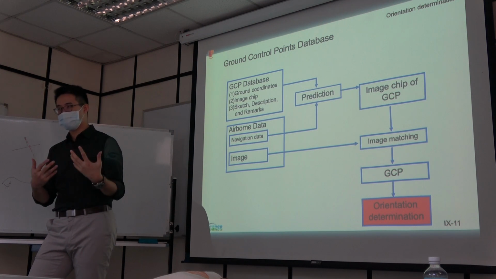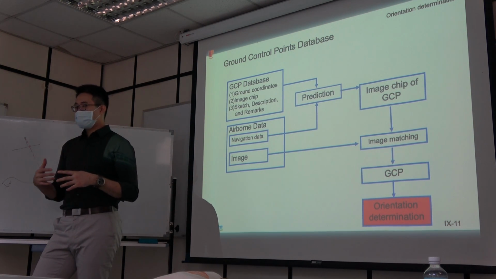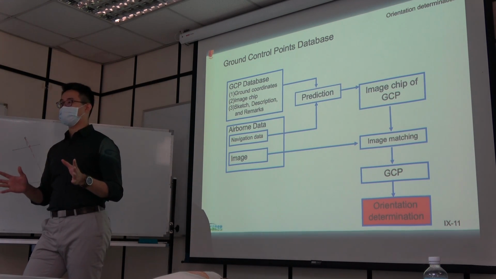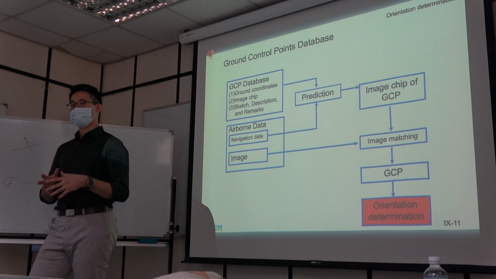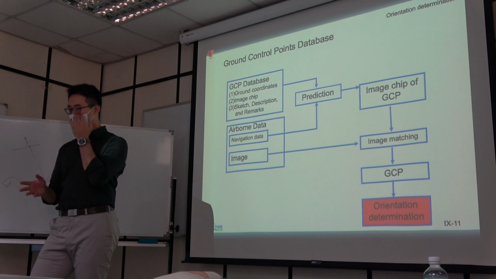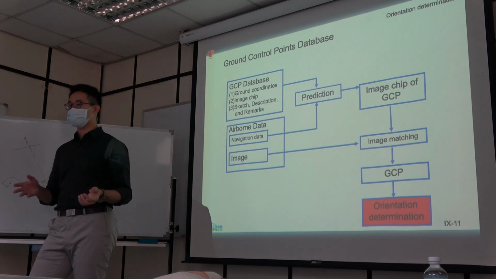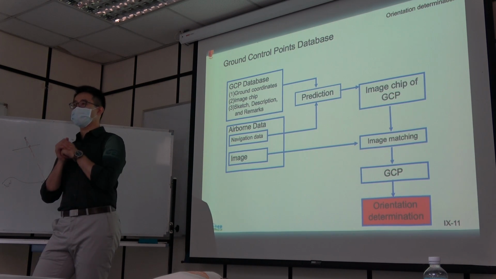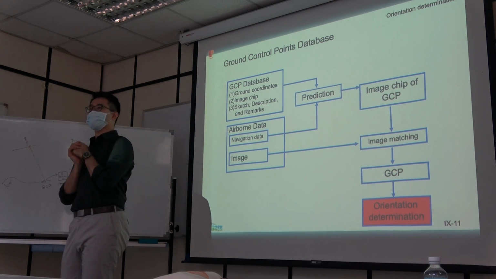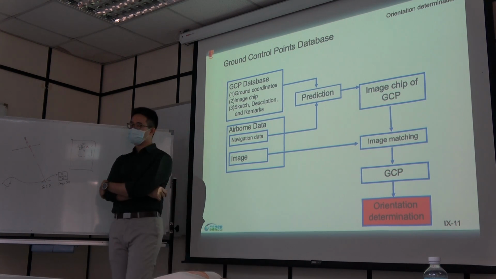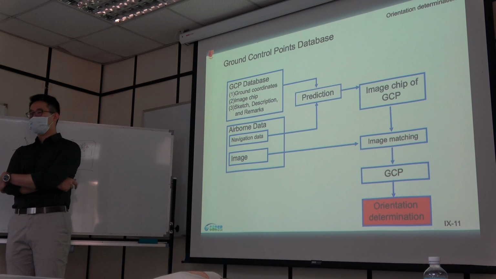So what I'm trying to say is, if we don't have enough GCP and maintaining the GCP is costly, is there any other data to replace the GCP? Is there any way to replace the GCP database?